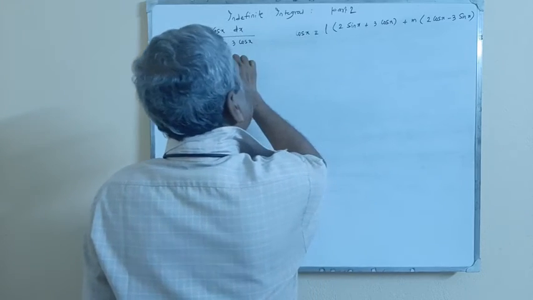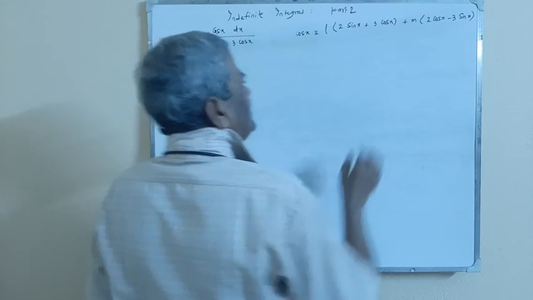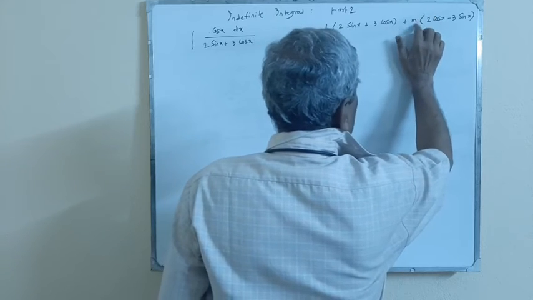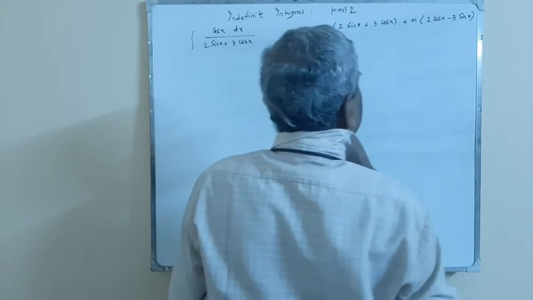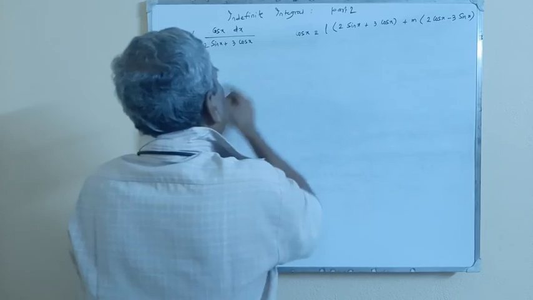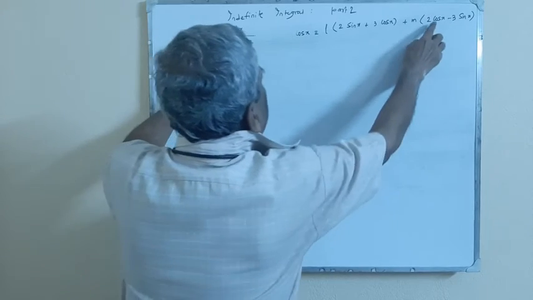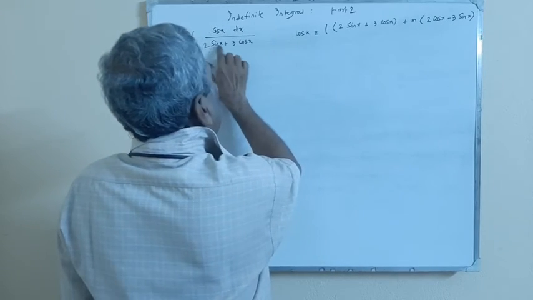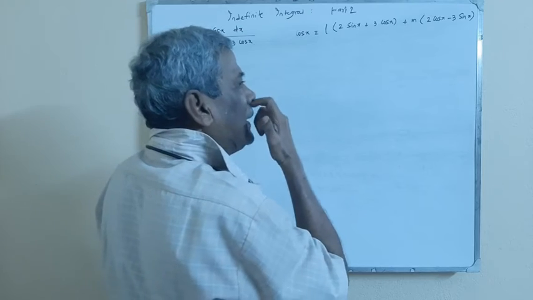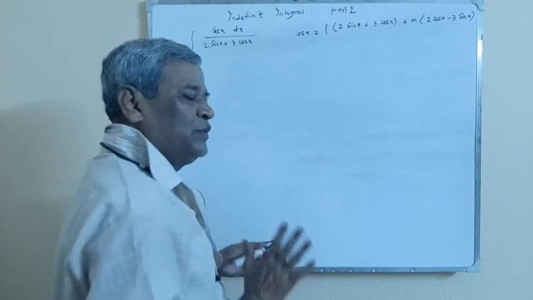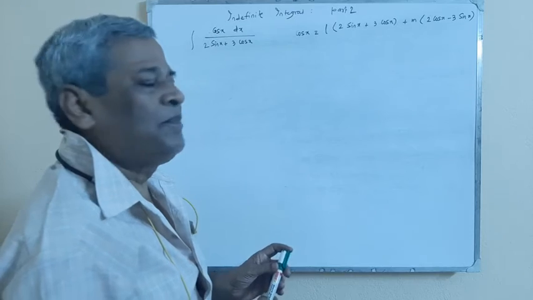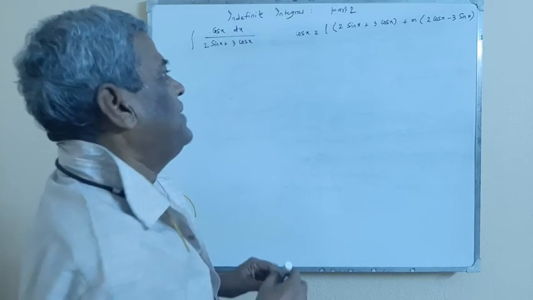Then M, knowing its value, can be taken outside. Then this by that, its derivative is ready there, 2 cos x minus 3 sin x. So it is of the type dz by z. So both parts can be integrated very easily.